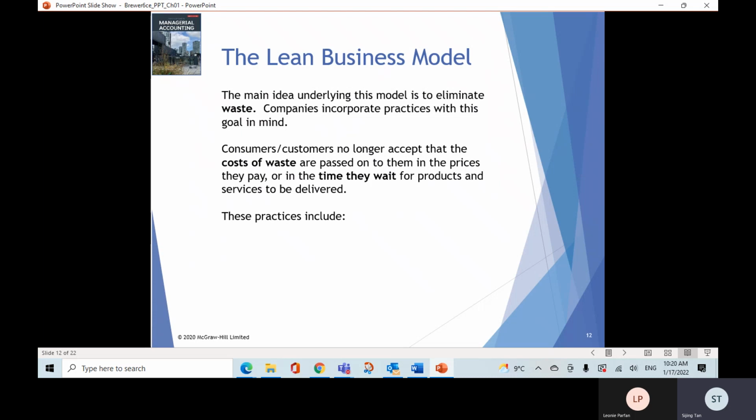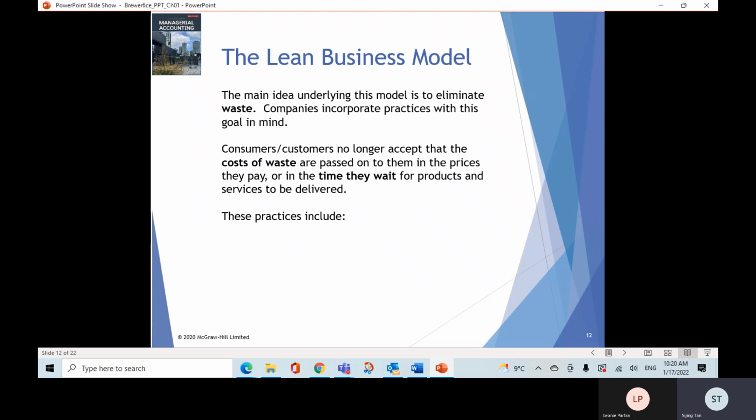Customers or clients no longer accept that the cost of waste is passed on to them in the price they pay or in the time they wait for products and services to be delivered. So that is why the lean business model showed up.